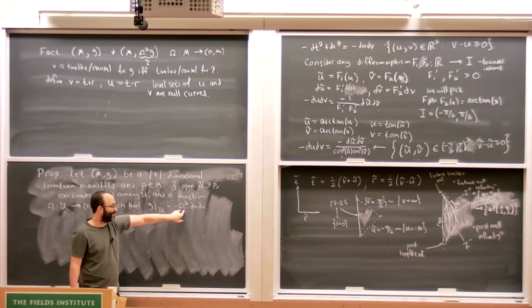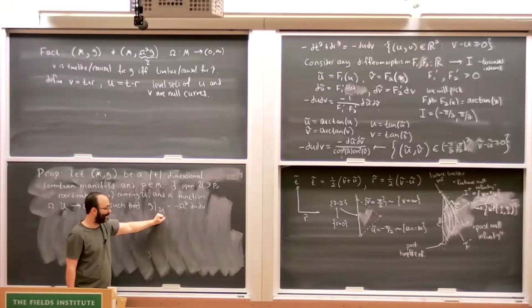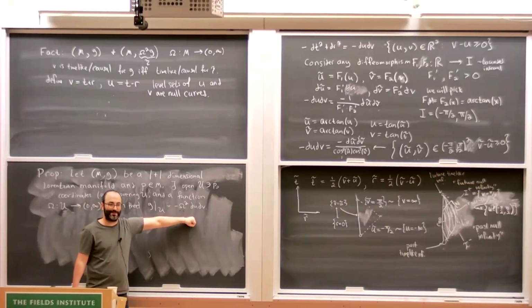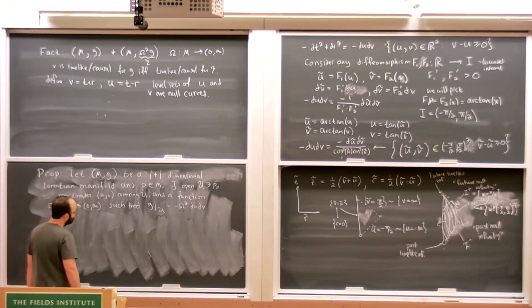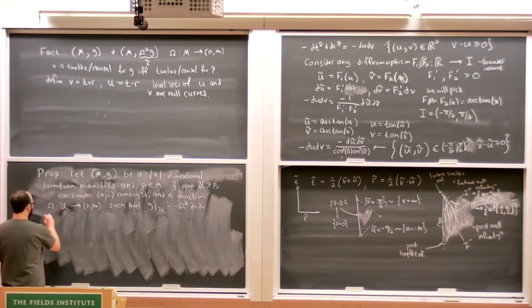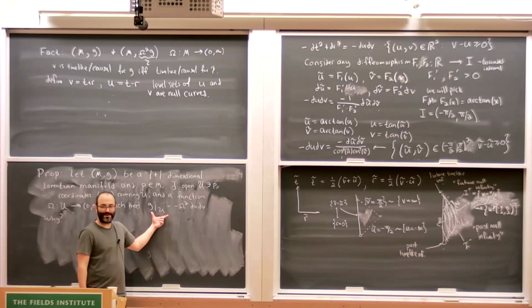You have to allow for this conformal factor, but you can always write the metric like this. It's a form of uniformization theorem in the Lorentzian setting. And why is this true? Uniformization in that all 1+1 Lorentzian metrics are locally conformally flat.